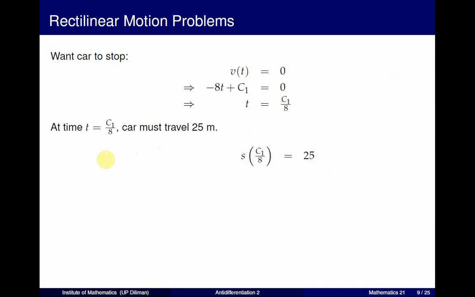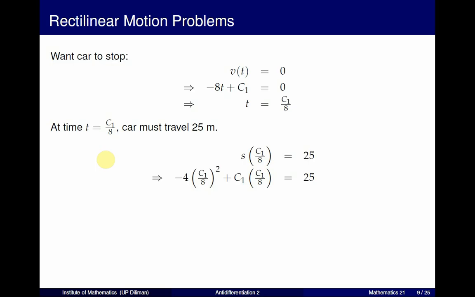But what is S of t again? S of t is negative 4t squared plus c sub 1 t. So we substitute t equals c sub 1 over 8 to obtain the left-hand side as negative 4 times the quantity c sub 1 over 8 squared plus c sub 1 times the quantity c sub 1 over 8 equals 25.